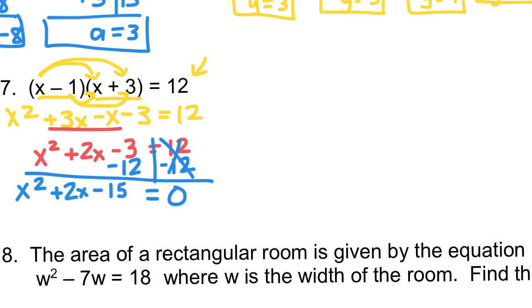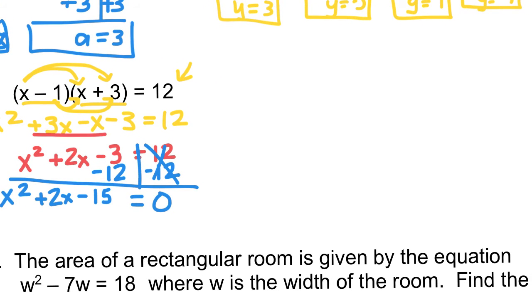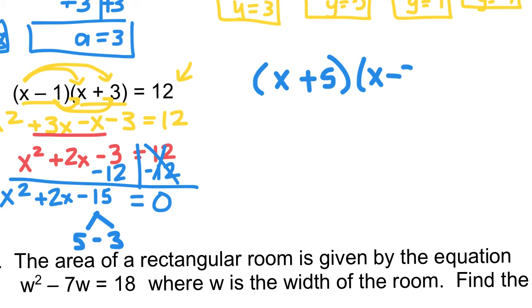Since the coefficient is 1, that should make our job a little bit easier, because 5 times 3, if the 3 is negative, will equal positive 2. So we'll have x plus 5 and x minus 3, and we'll set each equal to 0.